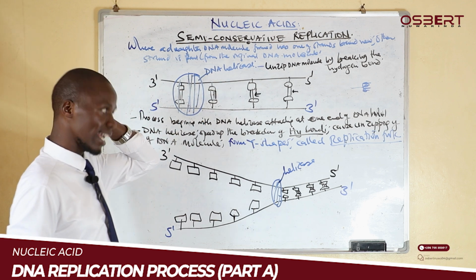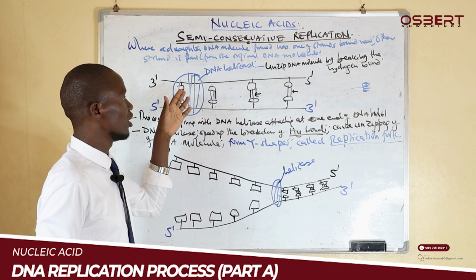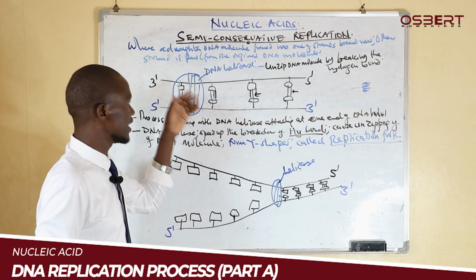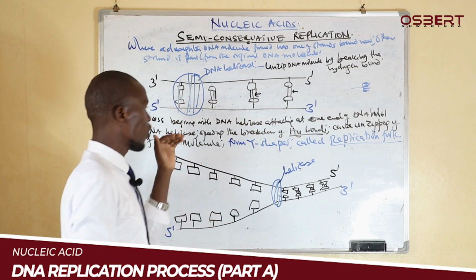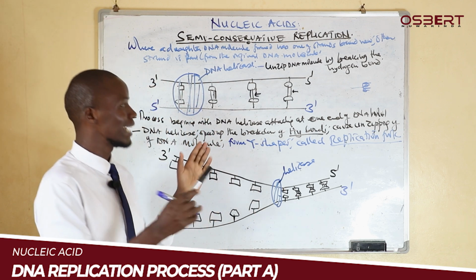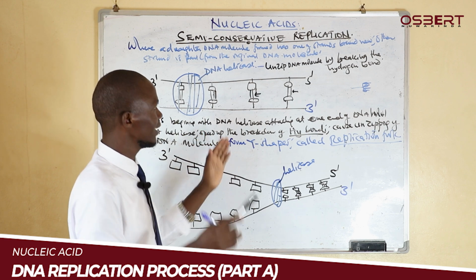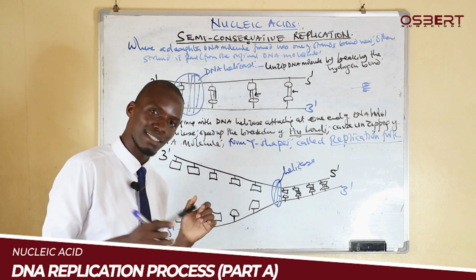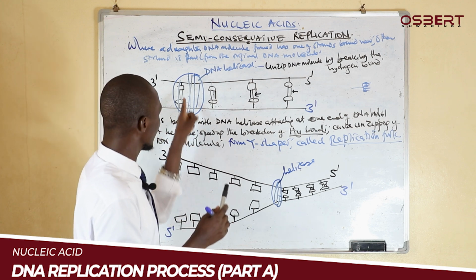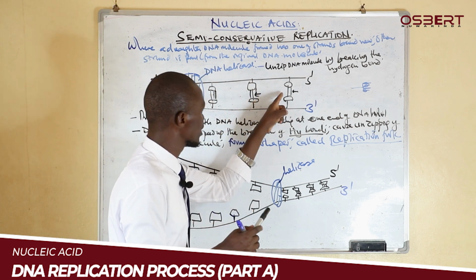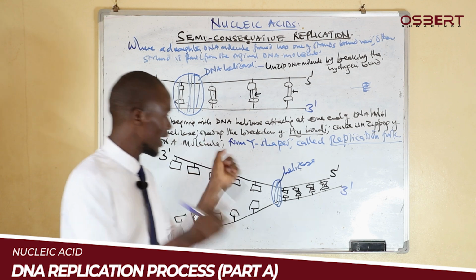This DNA helicase moves along the DNA molecule, unzipping it. How does it unzip? It unzips the DNA molecule by breaking the hydrogen bonds which were holding the DNA strands together.